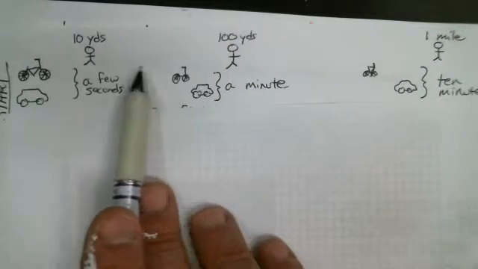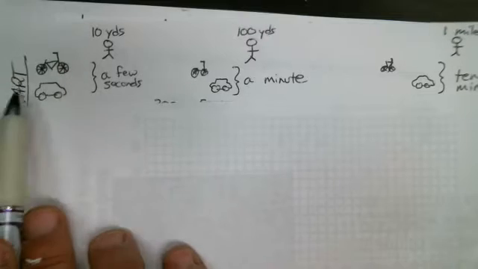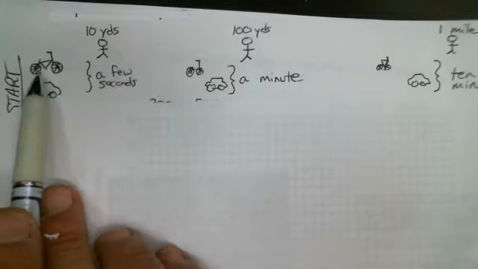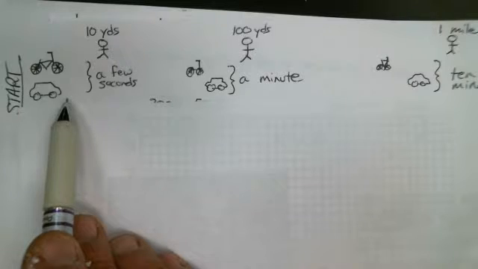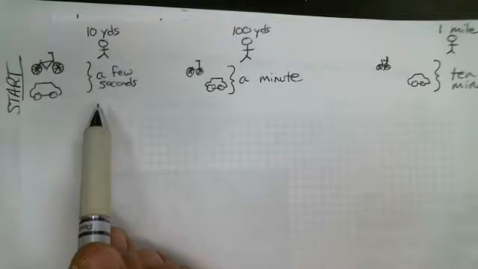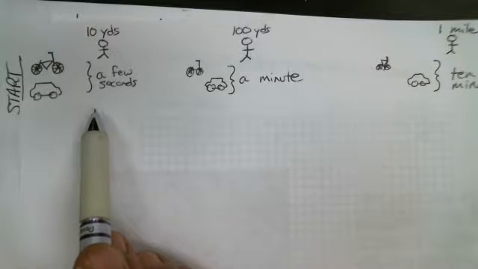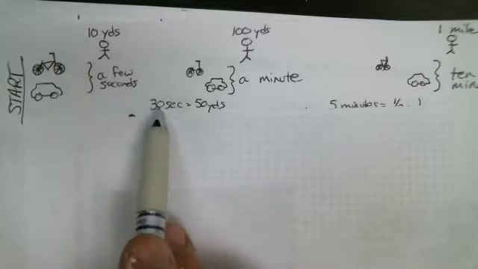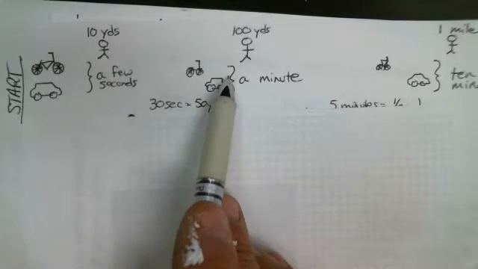And so, these three different observers, being different distances away from the starting line, will see the bicycle and the car be farther and farther apart. So if I had an observer see the bicycle and the car, let's say 30 seconds apart, 30 seconds would be about halfway between these two locations.